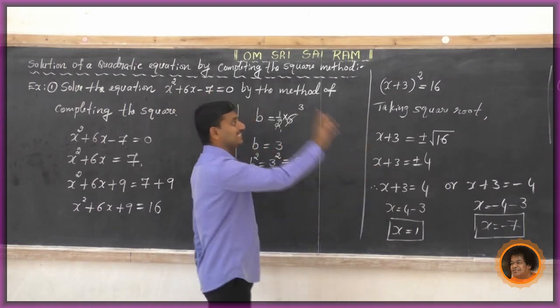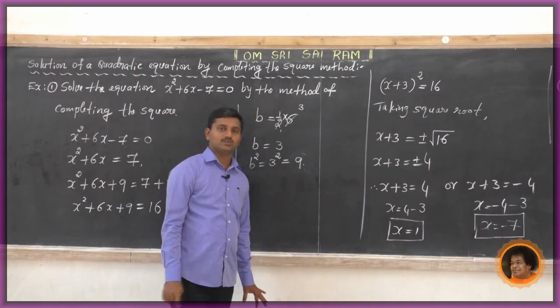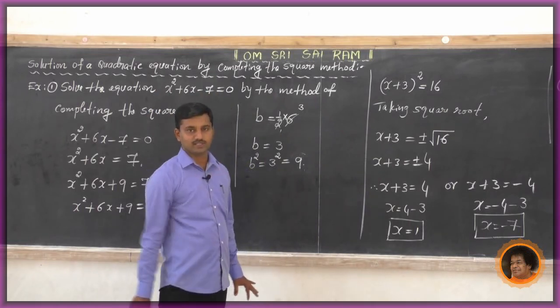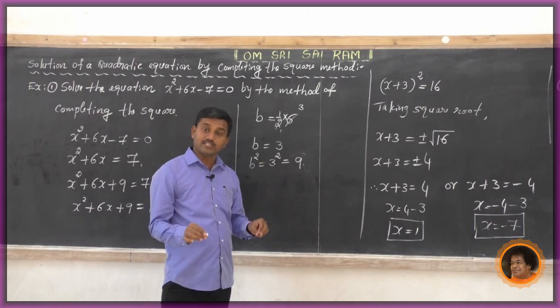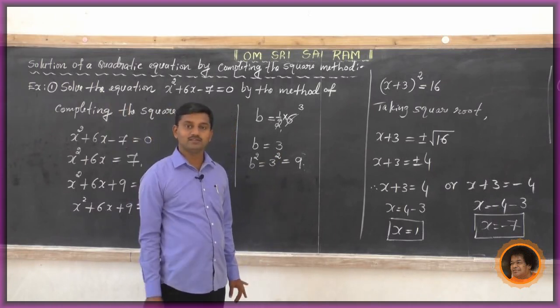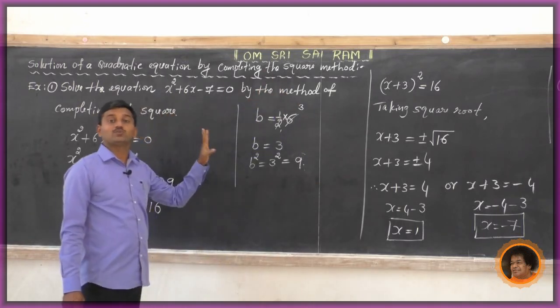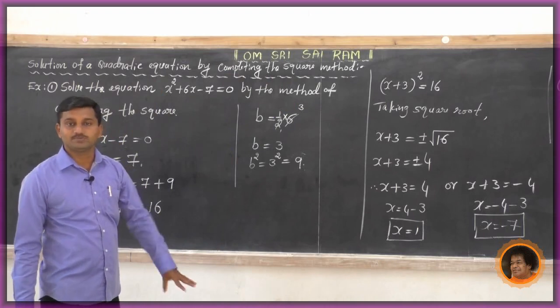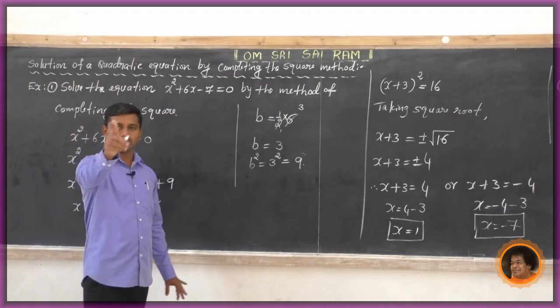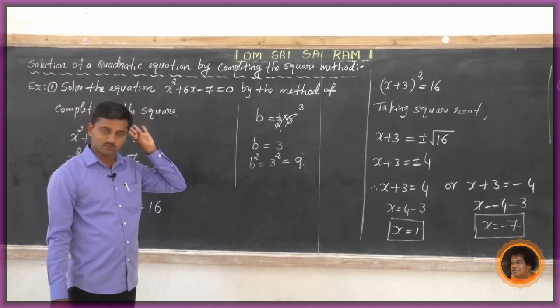So this method is known as the completing the square method. The first method was the factorization method. When the quadratic equation cannot be solved by the factorization method, it can be done by the completing the square method. Just recall the steps. First step is to write the given equation in the form of x square plus bx plus c equals 0.